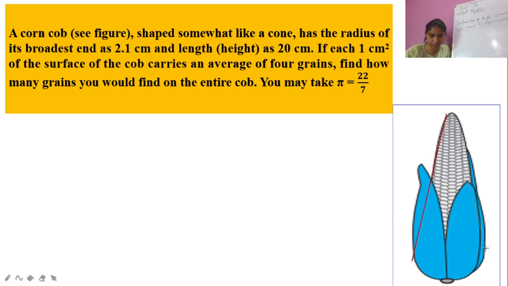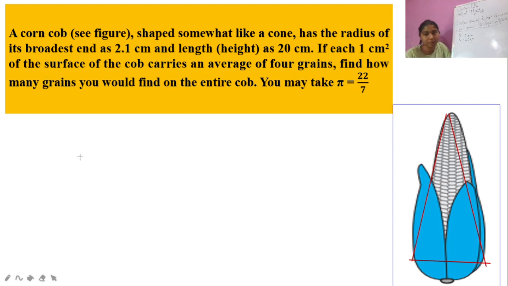So students, let me write down what is given to us. We have a radius which is 2.1 centimeter, right? And the length or the height is given to us, which is 20 centimeter.